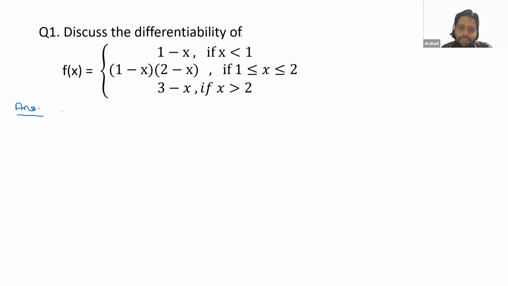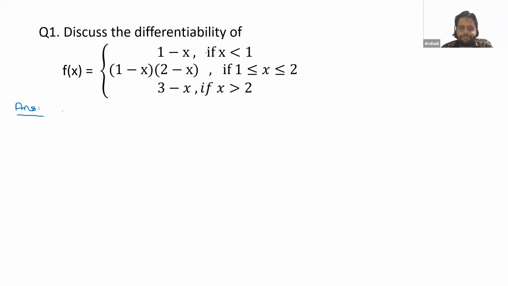Now in these types of questions, they ask us to check the differentiability, so that means we need to check the differentiability at each and every point, not any particular point, but at all the points.